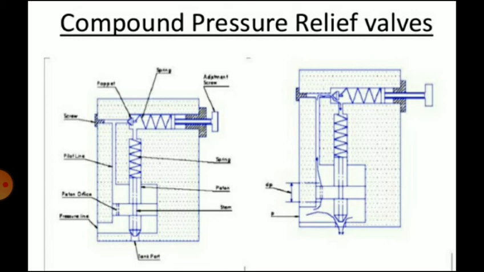The flow through the orifice causes the pressure difference on the bottom and the top of the spool, which results in differential force which moves the spool in an upward direction. This results in opening the passage of fluid to drain and thus allowing higher flow of fluid to drain. You can see in a diagram.